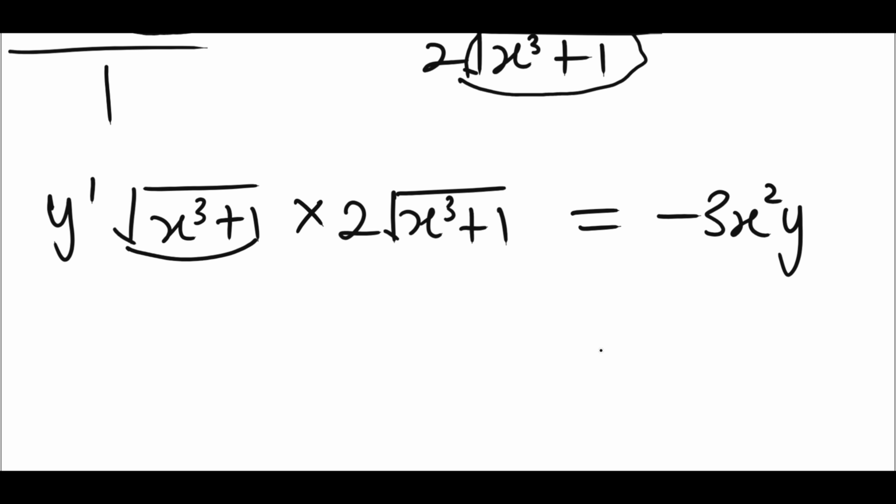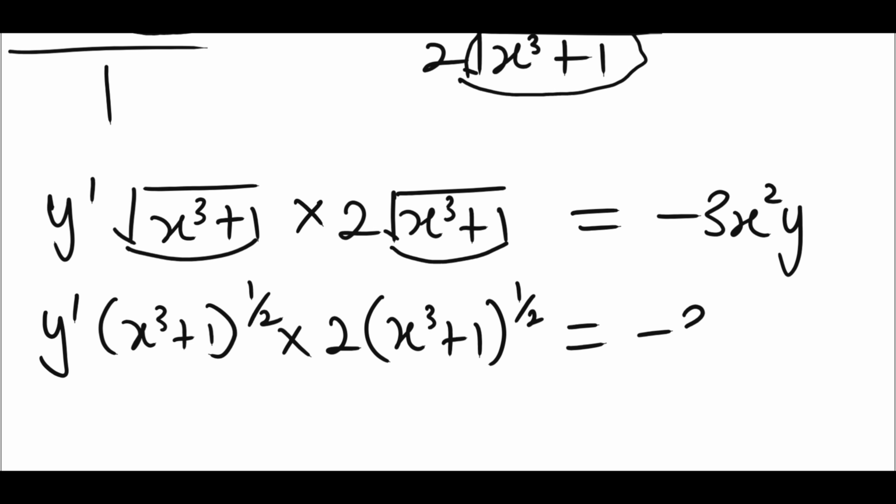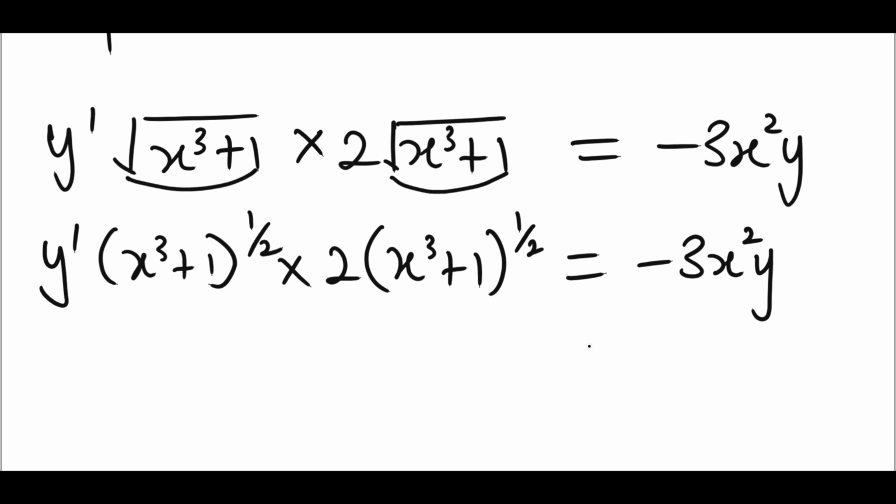So this and this have the same base. So we just need to add their powers. So it's going to be our y prime multiplying x cubed plus 1 exponent half, then times 2 multiplying x cubed plus 1 also exponent half because of the square root, equal to negative 3x squared y.